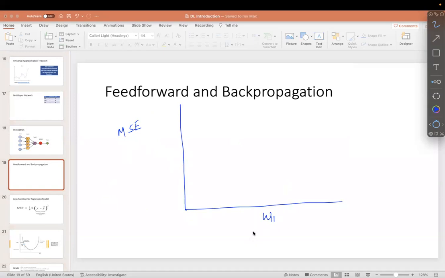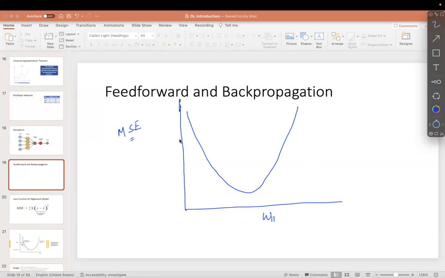It can be expanded to other weights. As we change the W11 value, your typical MSE function might look like a parabola. Of course, it may look like a much more complex function, but it's easier to explain this way.